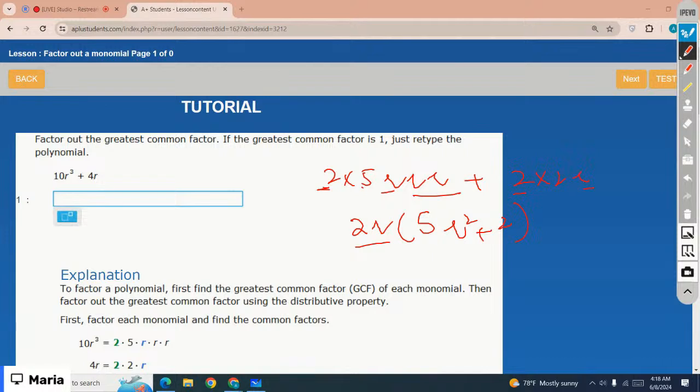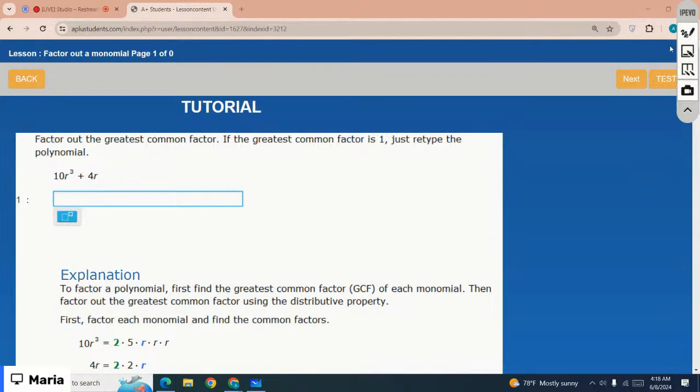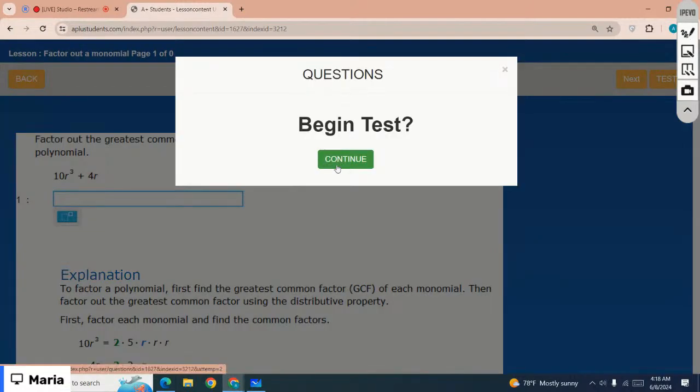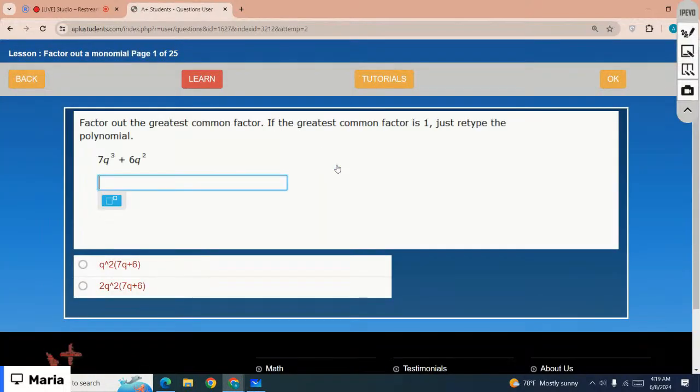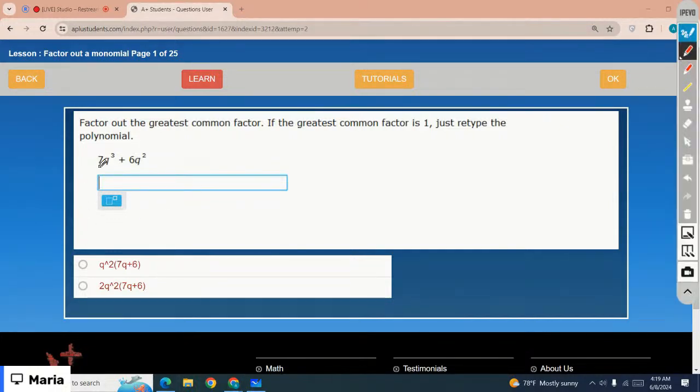Okay, let's start with the practice questions. Factor out the greatest common factor. If the greatest common factor is 1, just retype the polynomial. So let's see, that is 7q cubed. You can write 7 as 7 times 1 times q times q times q, plus 2 times 3 times q times q.